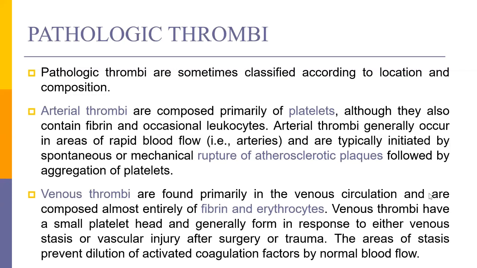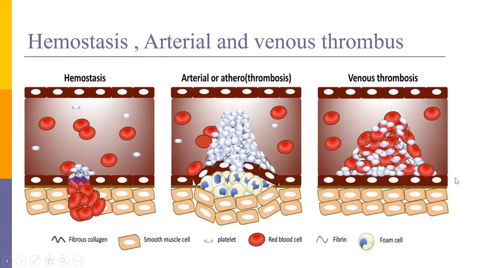Then the next diagram gives us a clear picture of what we have been talking about. The one on your left shows normal hemostasis, where after injury, platelets are formed. Then the middle one is the arterial thrombi.